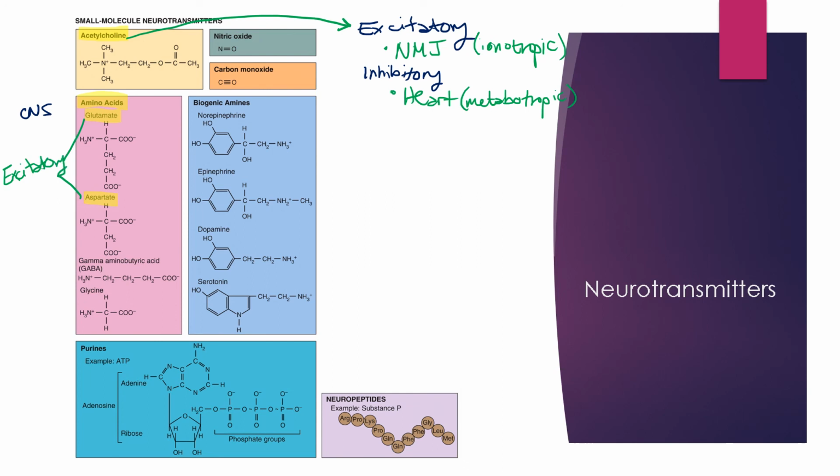And then down here we have gamma aminobutyric acid, also known as GABA, and glycine. These are both really important inhibitory neurotransmitters. GABA, remember, is going to be a really important neurotransmitter that binds to ionotropic calcium receptors.